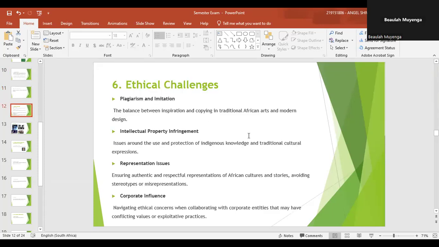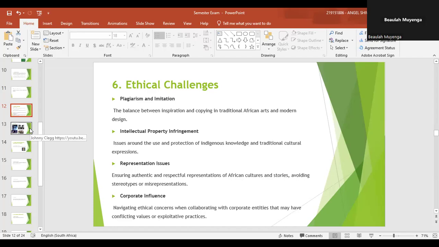Just some few ethical challenges, which are plagiarism and imitations, intellectual property infringement, representation issues, corporate influence. All right, we'll delve into this later on as to what it means, okay? What intellectual property infringement is, what corporate influence is, so bear with me.